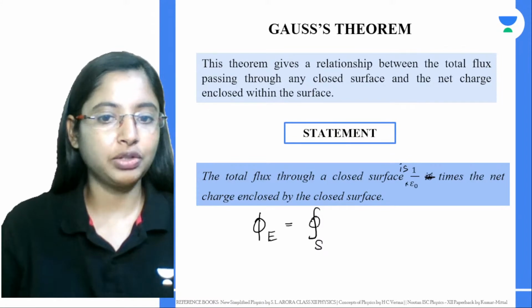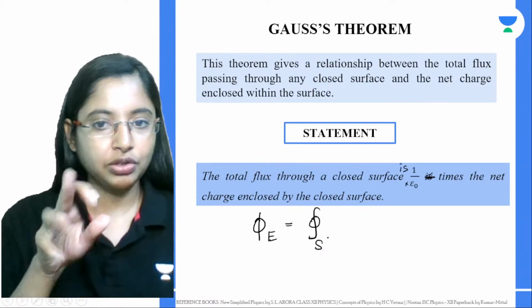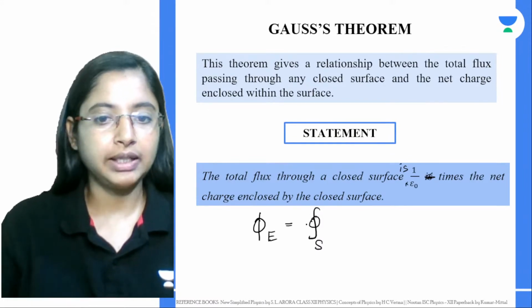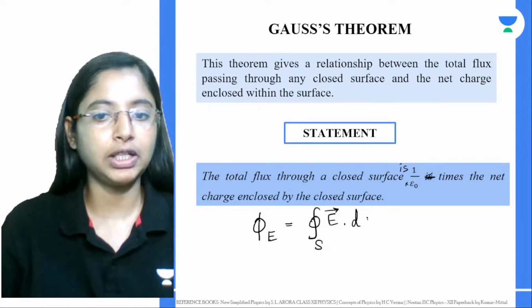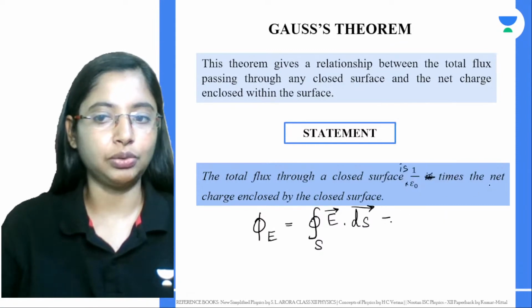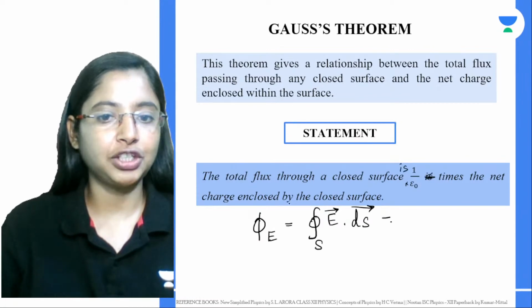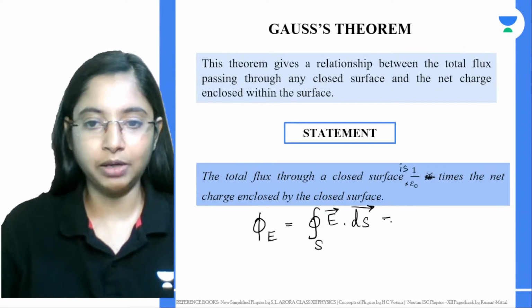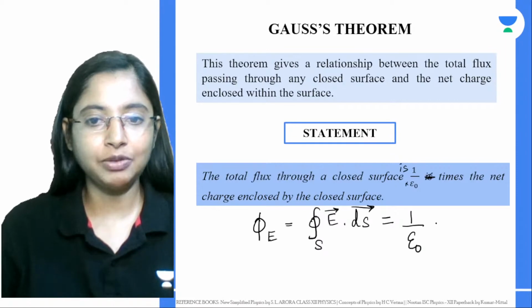So you write a closed integral, meaning for a closed surface. Electric flux is given by how many electric field lines are flowing through the closed surface we have considered. This is equal to 1 by epsilon naught times the net charge.